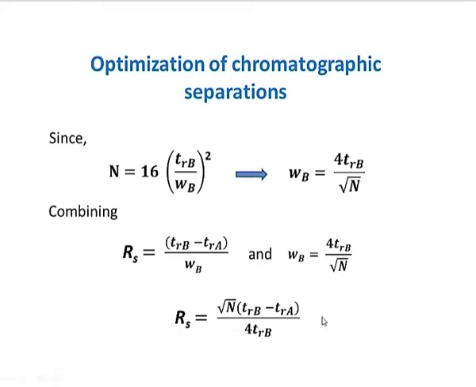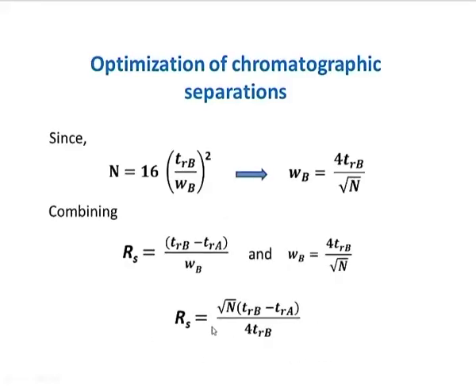As I was mentioning in the previous slide, this equation of resolution has to come out in terms of three very important variables on which, as we have seen in previous lectures, resolution entirely depends. One of those factors is number of plates or plate height. Now, if you look at this equation, it already has a term which will account for number of plates or plate height.